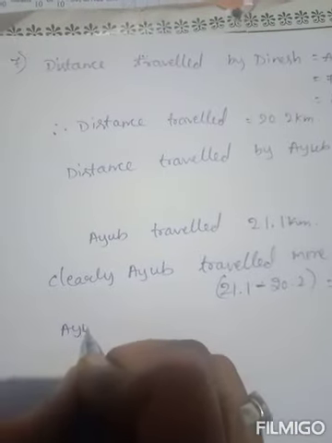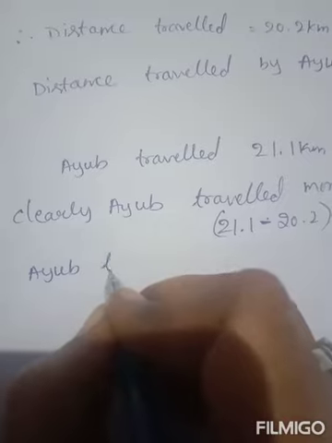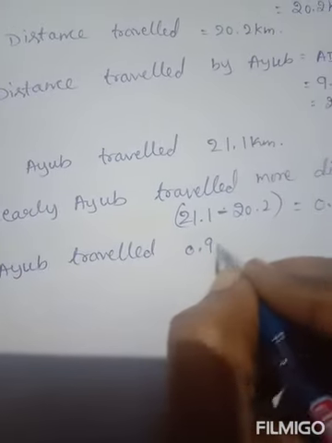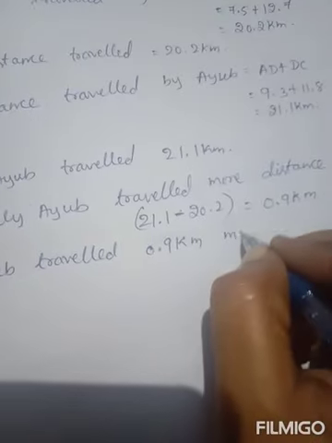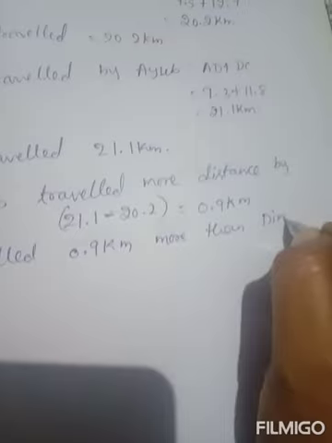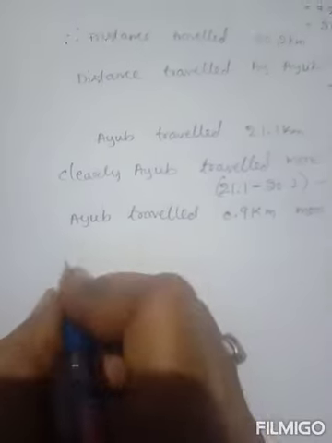Then Ayub traveled 0.9 kilometer more than Dinesh. Understood? Is it clear? Then the eighth one, you can solve it. And then the ninth one I will show.